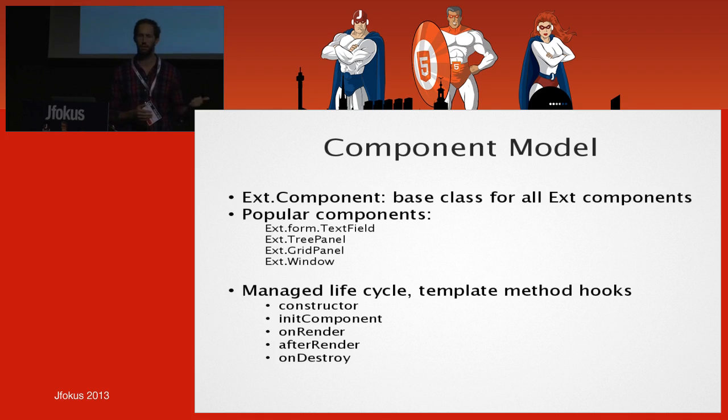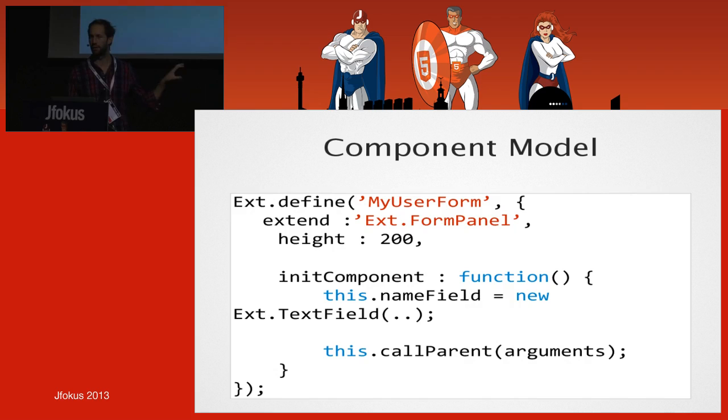So there's a constructor method, there's an initComponent method, there's an onRender hook, afterRender hook, and of course onDestroy hook. So you can know when somebody closed your window, you can deallocate, destroy additional elements or clean up tooltips, or maybe stop a connection to the server that is updating the store or something like that. So you have all these hooks that are available to you through the lifetime of the component.